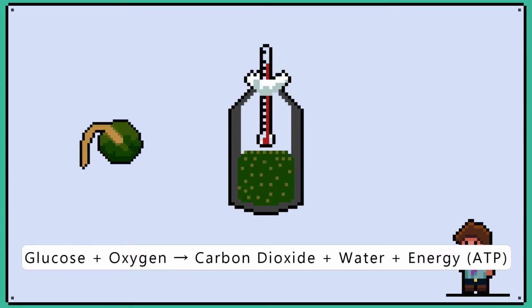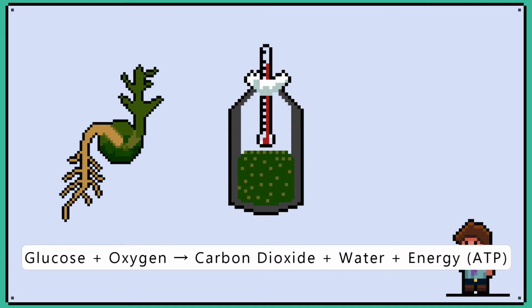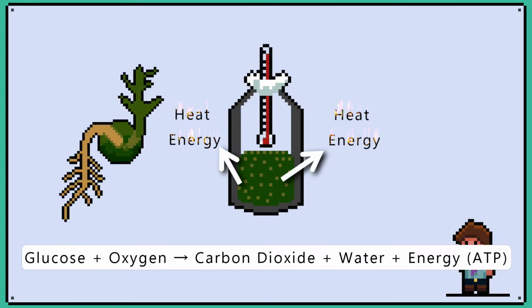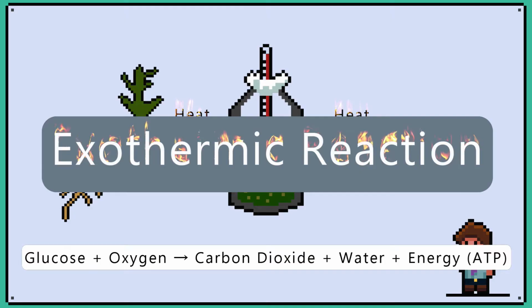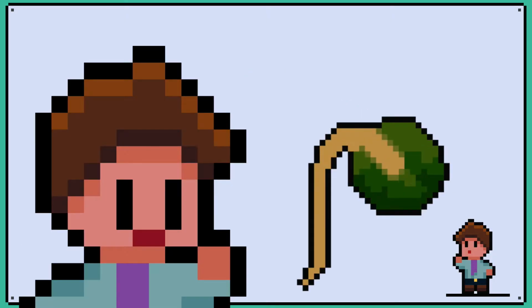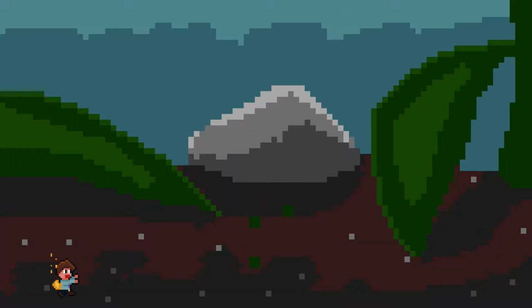There is an experiment involving germinating peas which demonstrates that aerobic respiration releases heat energy. So, it is an exothermic reaction. Just a quick look into germination. Peas are seeds. Seeds have stored energy in the form of starch.